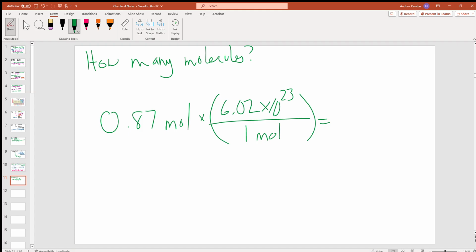So all we have to do, we take our 0.87 moles, multiply by Avogadro's number, and we get 5.2 times 10 to the 23rd molecules of glucose.